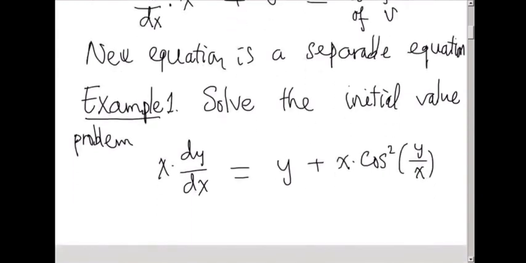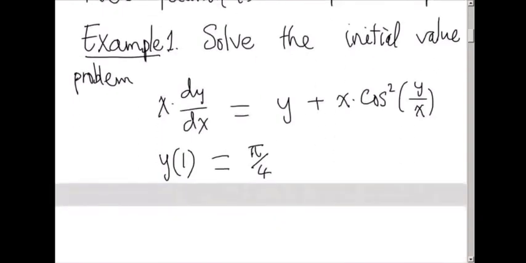And we have the initial condition y of 1 equal to pi over 4. The first one is the ODE, and the second is the initial condition, which says that when x equals 1, y equals pi over 4.